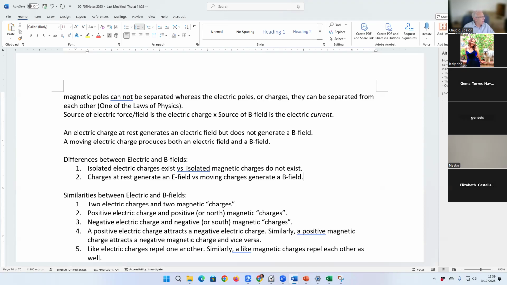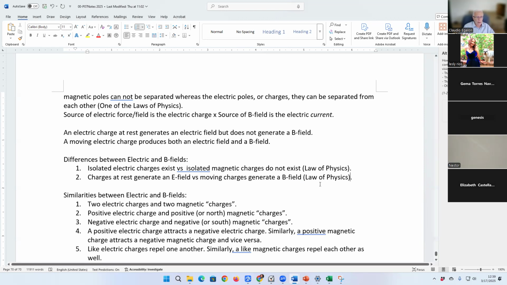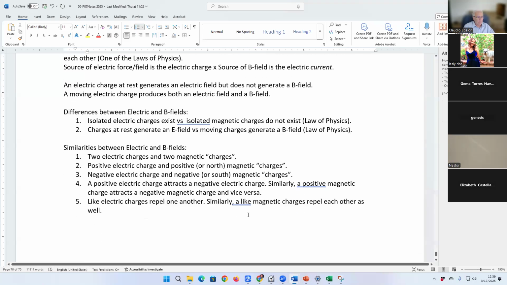1239 right now. Do you get that? Okay. This is a law of physics. This is another law of physics. Okay, this is another law of physics.